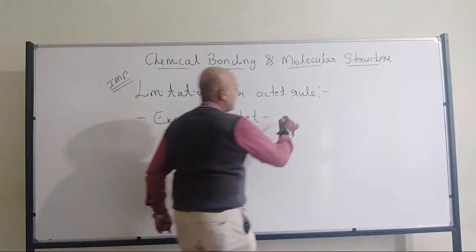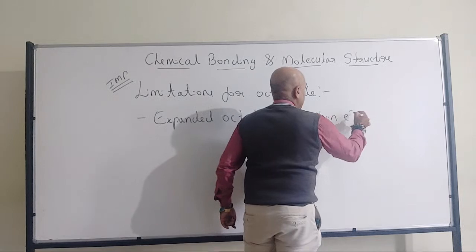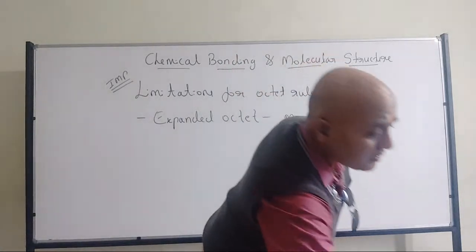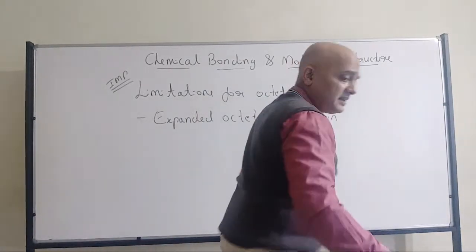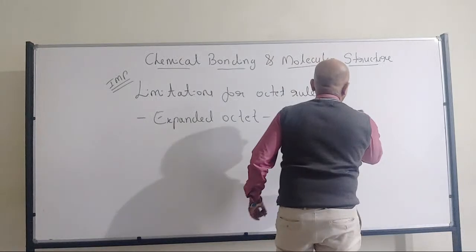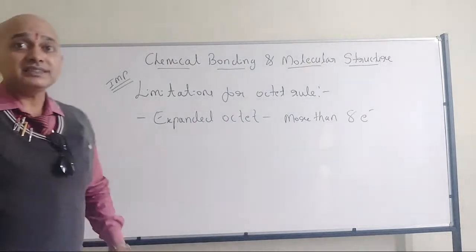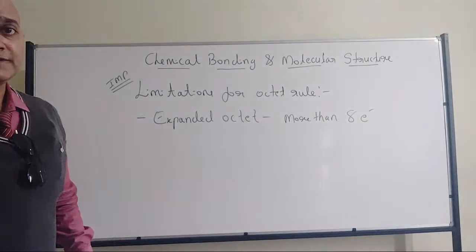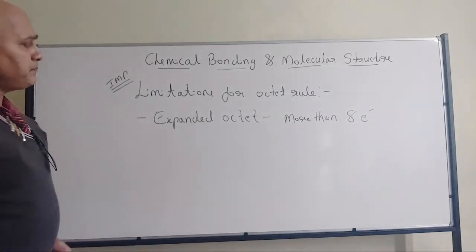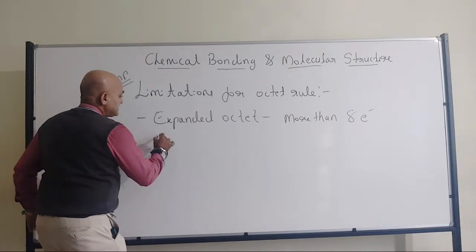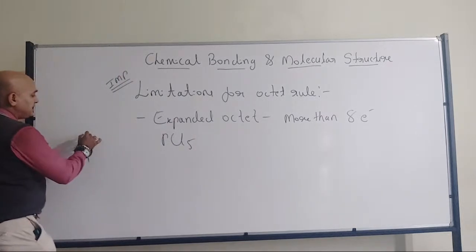It is with respect to those elements where more than 8 electrons will be present. That's where we have the expanded octet. A very important example here can be PCl5, phosphorus pentachloride.